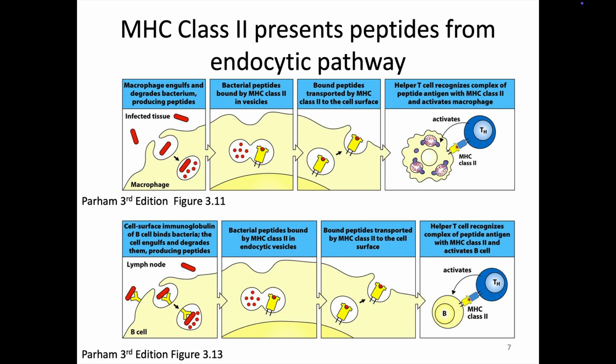Oftentimes, this might be a phagosome, like you can see at the top with a macrophage, where we might have this compartment that's created by phagocytosis, and the MHC class 2 is going to get peptides that may come in from phagocytosis.